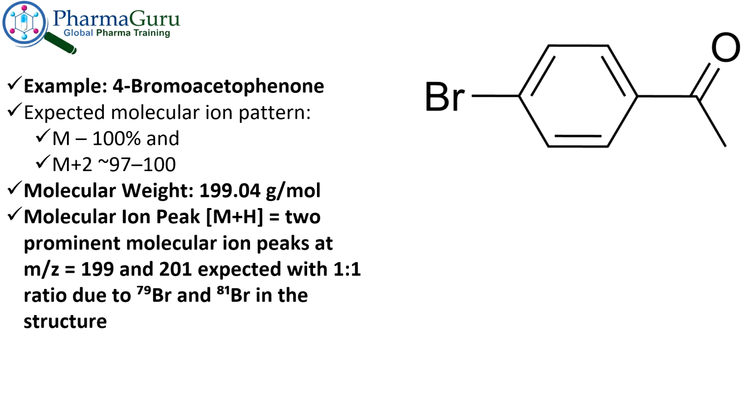The molecular ion peak, that is M plus H, shows two prominent molecular ion peaks at m/z 199 and 201, expected with ratio 1:1. The LCMS spectrum also confirmed the same, meaning presence of a bromine atom in the structure.